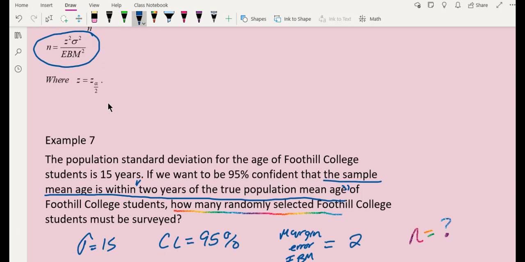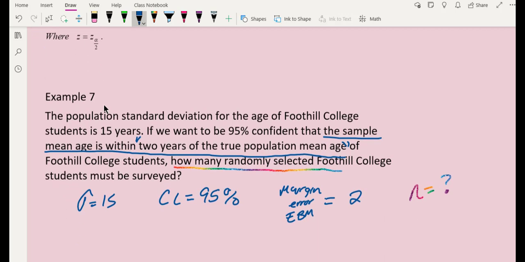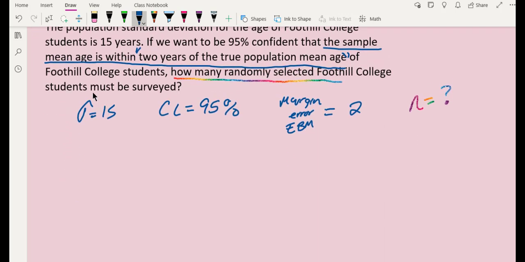Z is going to come from the confidence level divided by 2. So we first have to find the Z. Let's talk about the Z first.